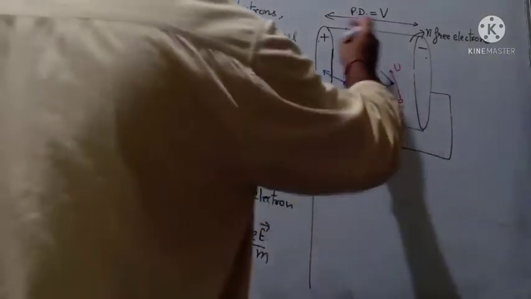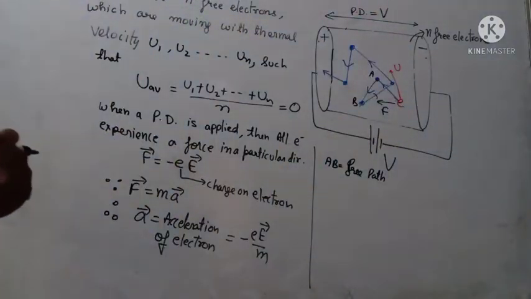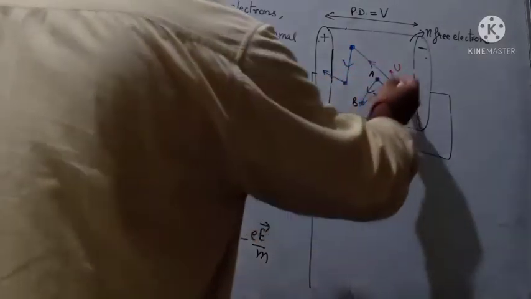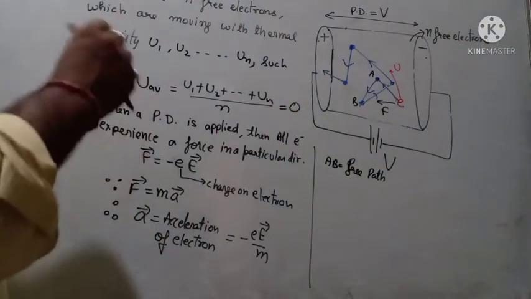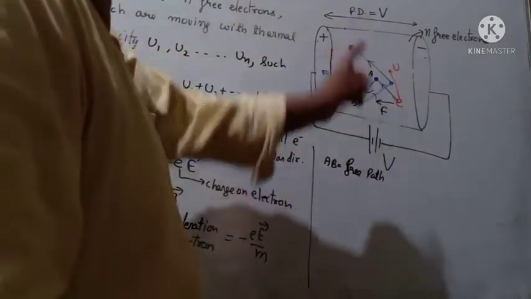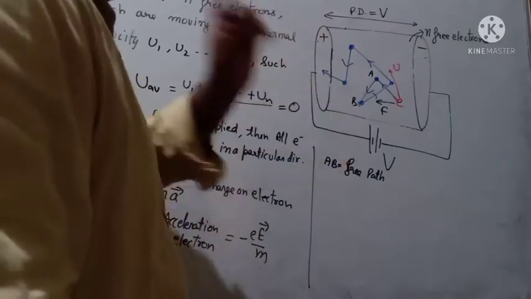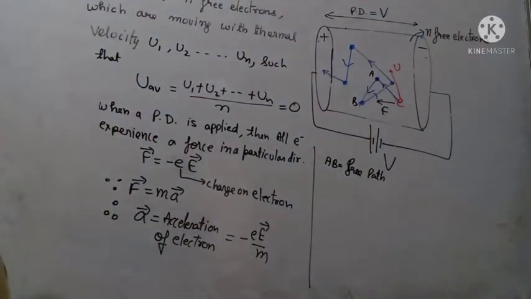If we look, the electron has multiple free paths, 1, 2, 3, 4, 5, multiple free paths. The mean of all these free paths is called the mean free path. Okay?